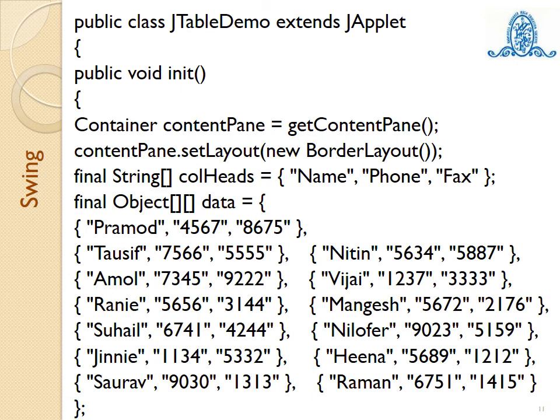You can mention the values for the rows, and this is my second row. So you can add as much data as you want. After adding all these rows, the curly brace is closed, and then a semicolon is given.